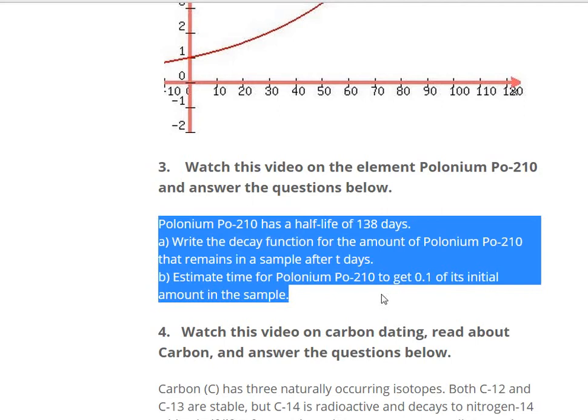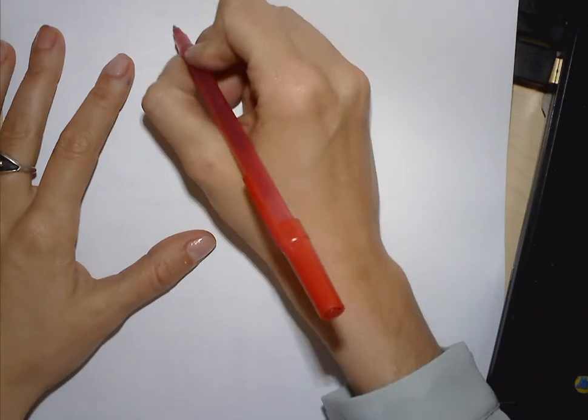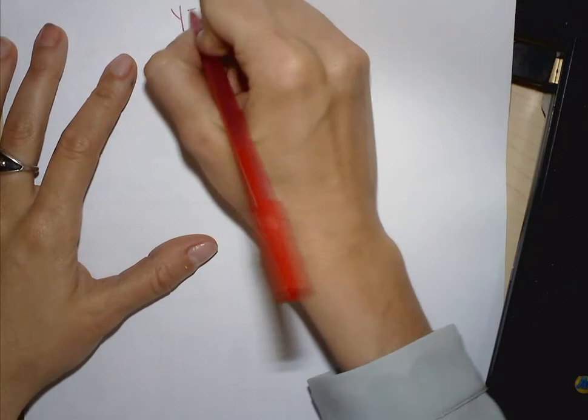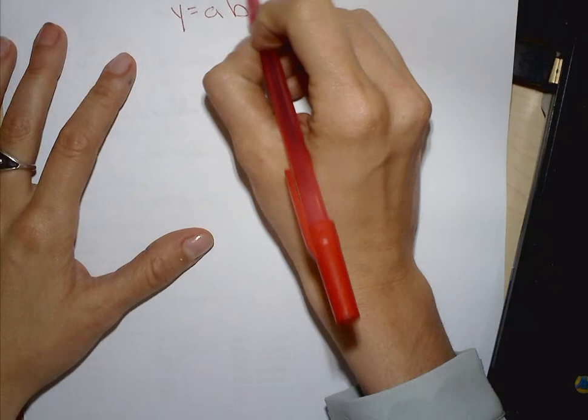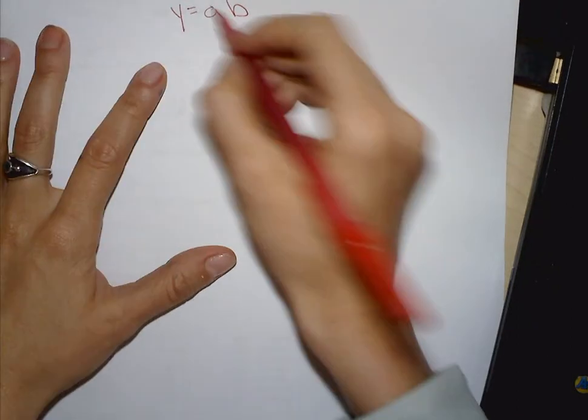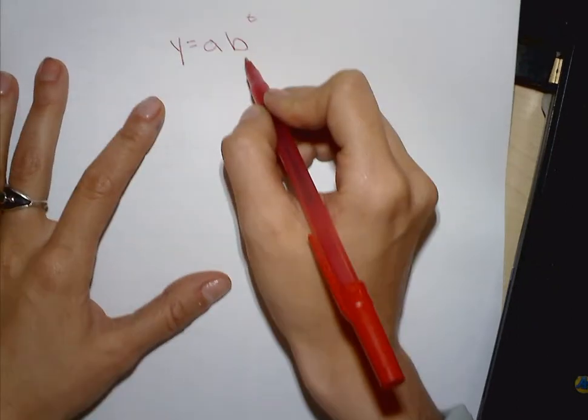All right, so I know that this is going to be an exponential decay function. So when I set this up, it's going to be y is equal to a b to the t, where a is my initial value and b is what I'm multiplying by each time.